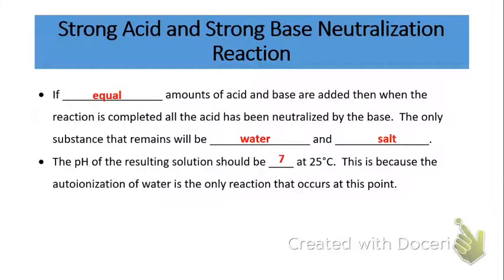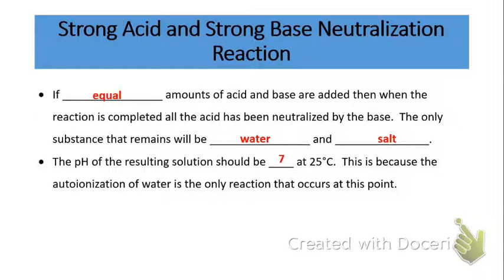All right, so again, as we just mentioned, if equal amounts of acid and base are added, then when the reaction is complete, all the acid has been neutralized by the base. The only substances that remain will be water and salt. Now, the pH of the resulting solution should be 7 at 25 degrees C, because at this point, the autoionization of water is the only reaction that occurs.